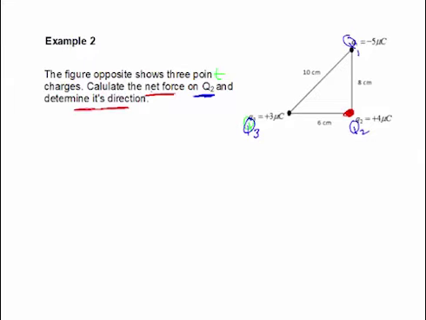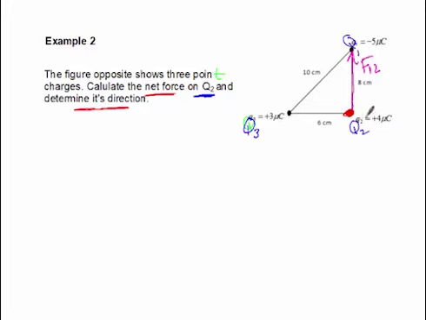Now, first of all, we have to come up with the directions of the forces exerted on Q2. Q1, how is it affecting Q2? This is negative and this is positive. So Q1 attracts it, with this direction. So this is the force between 1 and 2, exerted by 1 on 2. Let's see the other force. Here Q3 is positive and Q2 is also positive.